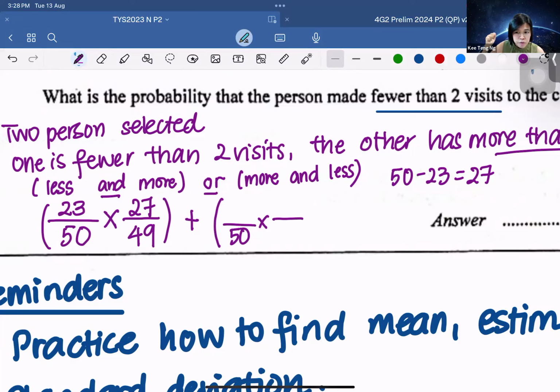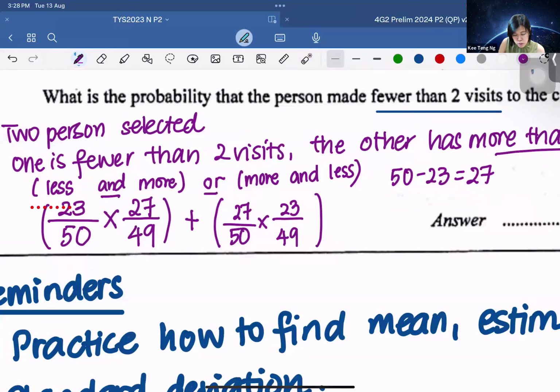After I choose the first person, what's the denominator going to be for the second one? Yes, this is going to be 49. Now, this time round, I want the number of people who have more than or equal to 2 visits: the number is 27. Then the second one is the less, the number is 23.